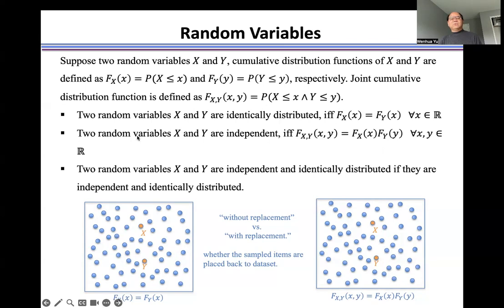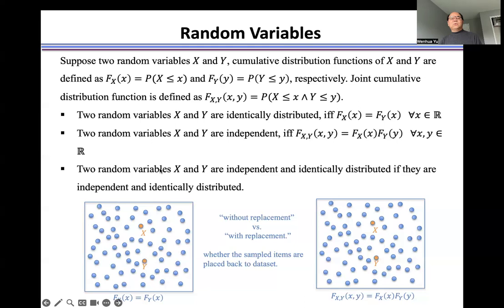Two random variables X and Y are independent if and only if the joint cumulative distribution function is equal to the multiplication of each cumulative distribution function.